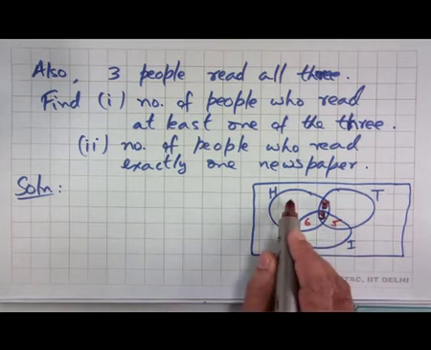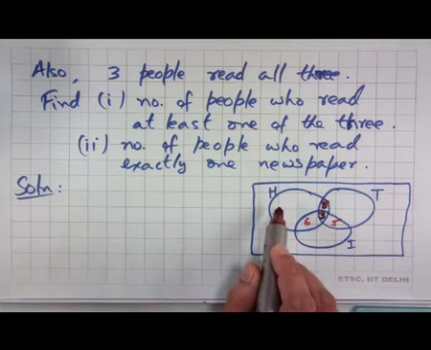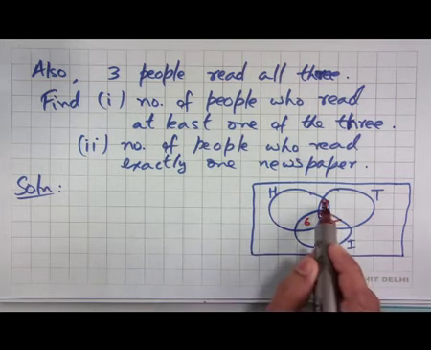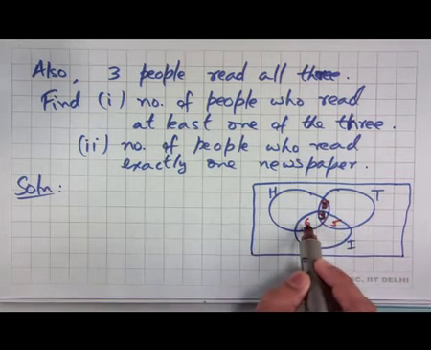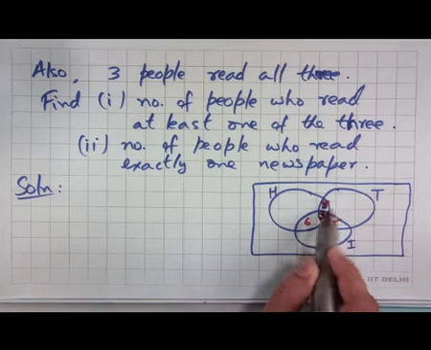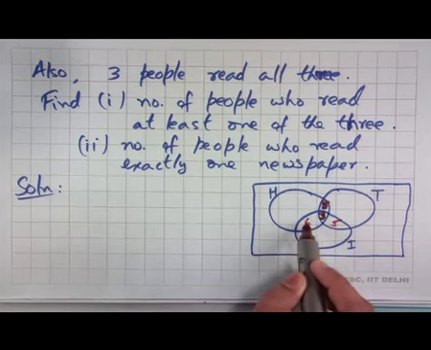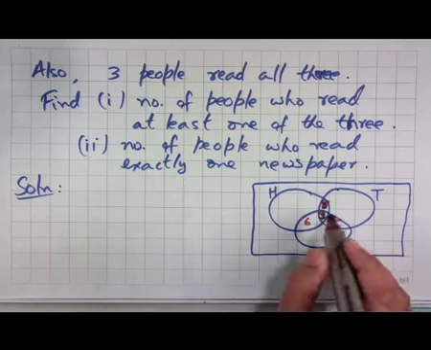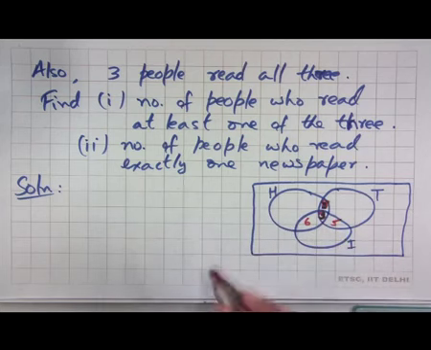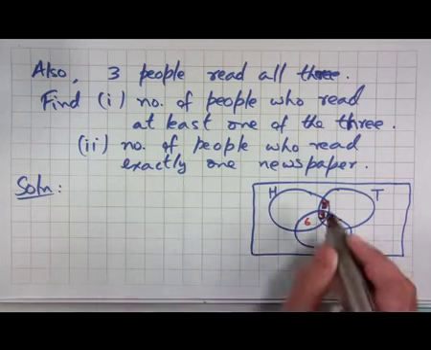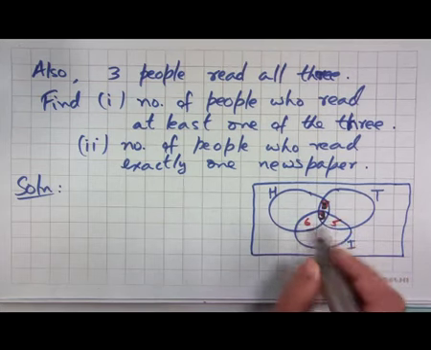So, number of people who read only H, we know that 25 people read H. So, here we have 8 plus 3, 11, plus 6, 17 who read at least 2 of the newspapers including H. So, the rest is 25 minus 17.